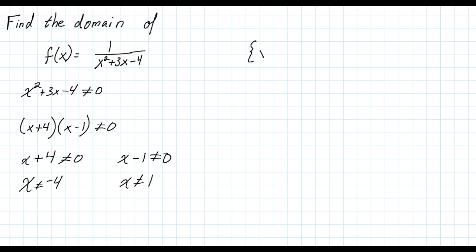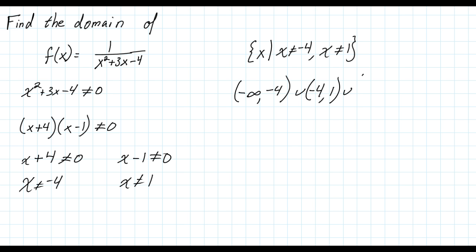We can write the set of all x such that x is not equal to negative 4, comma, x is not equal to 1. We could use interval notation, so negative infinity to negative 4, open, union, negative 4 to 1, union, 1 to infinity.